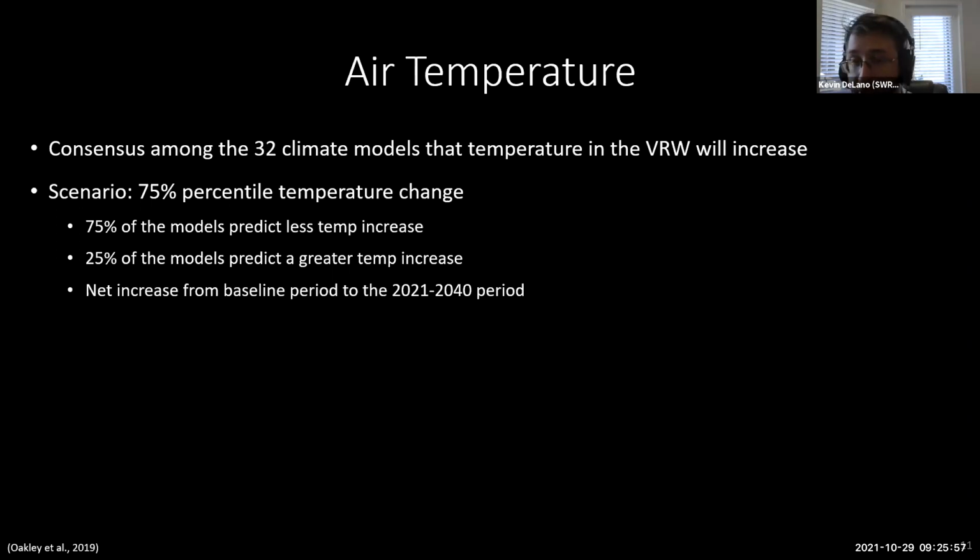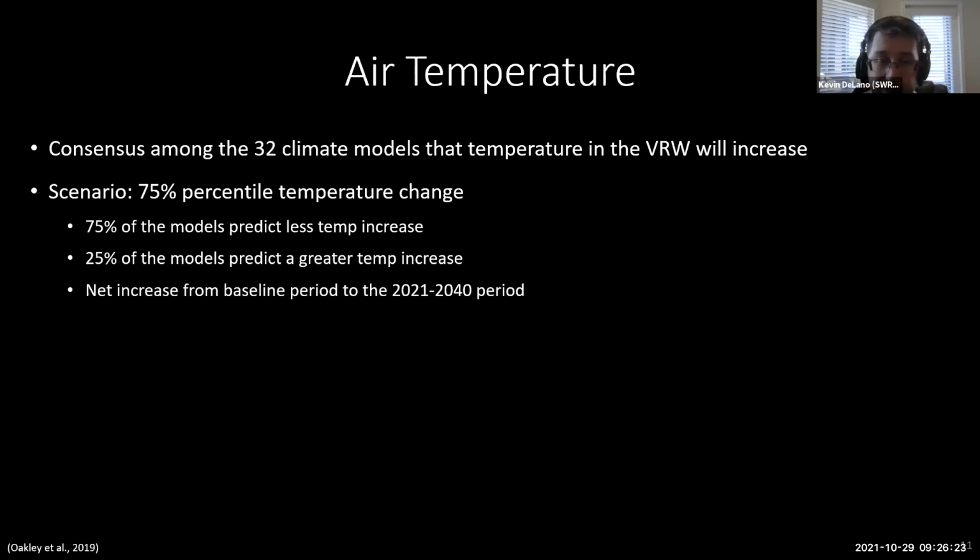So for air temperature, these 32 climate models predict that temperature in the Ventura River watershed will increase. They're unanimous in that temperature will increase, and the play between the different scenarios is how much. For our scenario, we decided to pick a 75th percentile temperature increase, which is a little over 1.6 degrees Fahrenheit on average for the next 20 years.